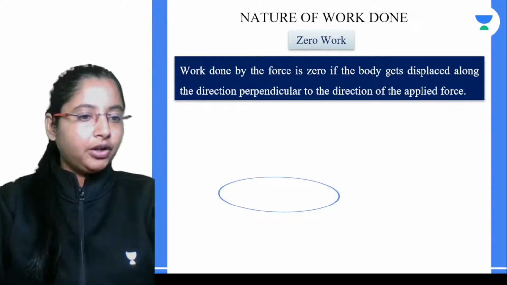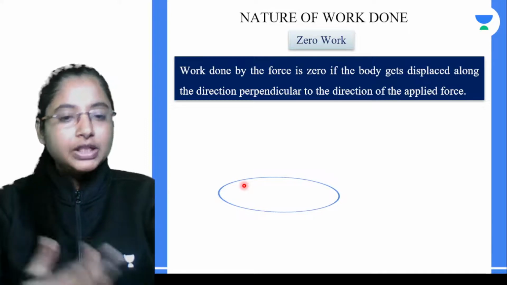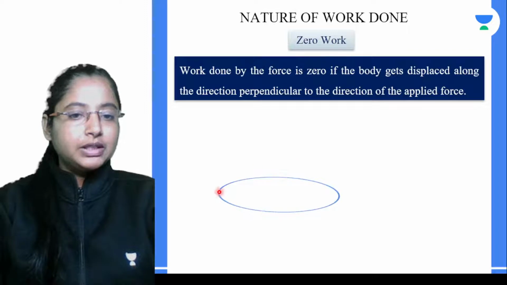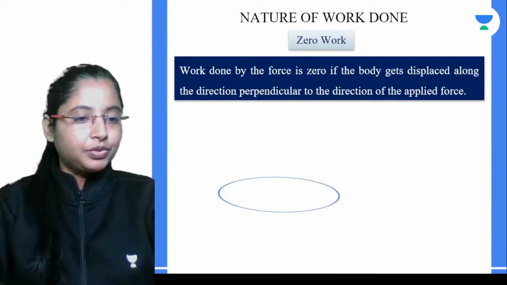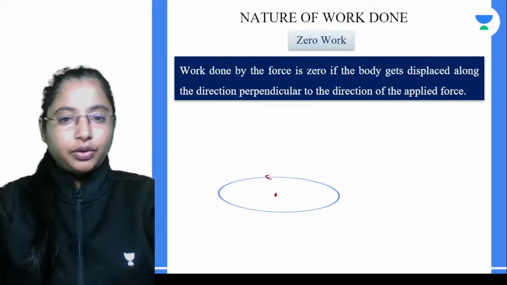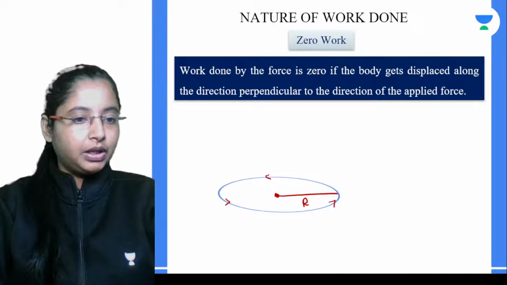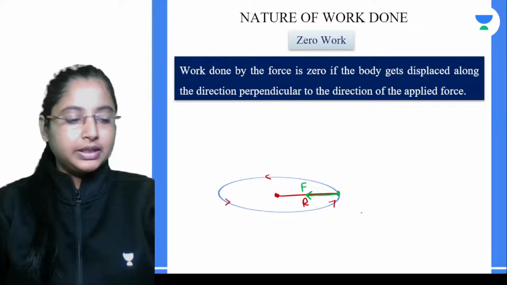Take an object in uniform circular motion. There would be a centripetal force acting towards the center. As the object travels around the circle, the force will always act towards the center.